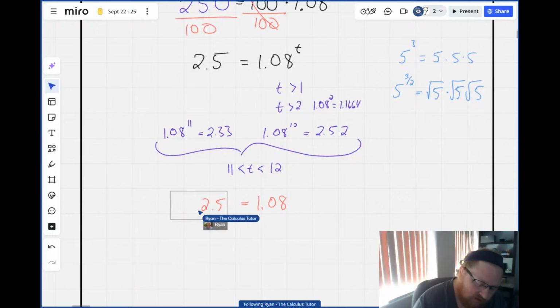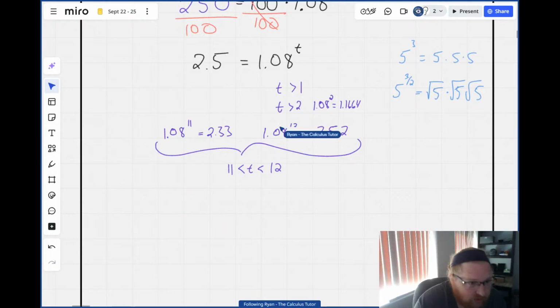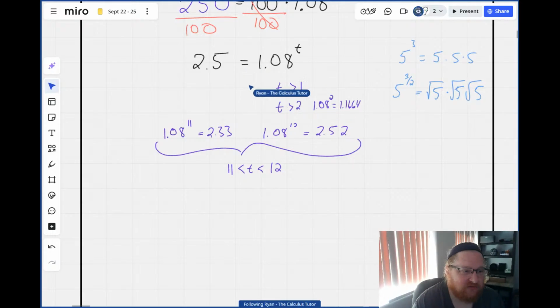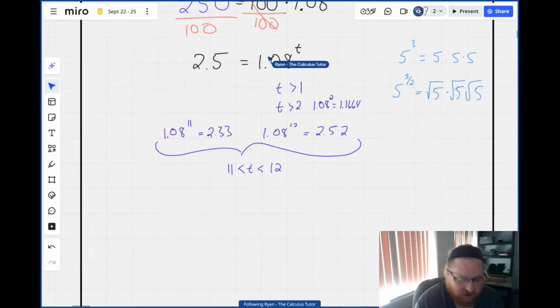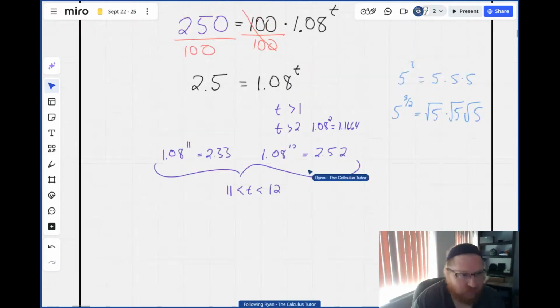Okay, so we have a way we could get there, but it requires us to divert from our usual algebraic process. So it would be really nice if there was an algebra step we could take here that would let us move some numbers around, like algebra does.